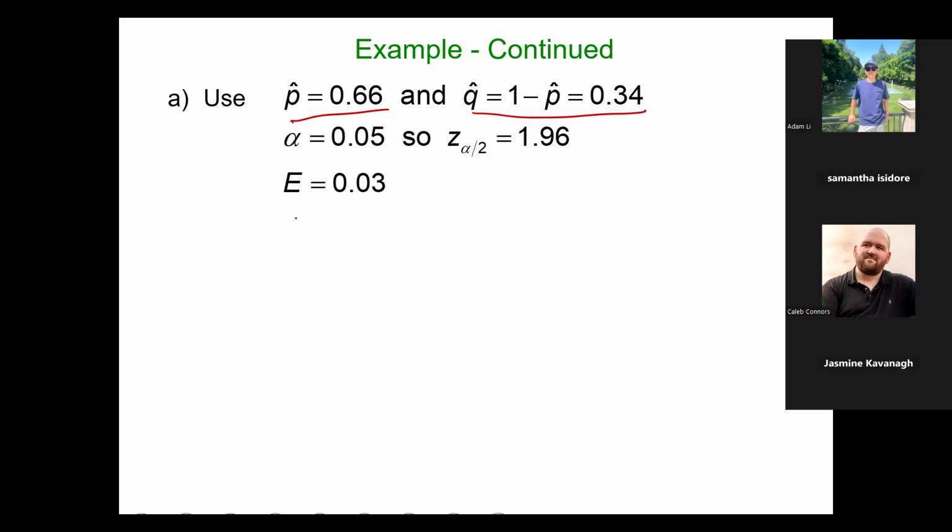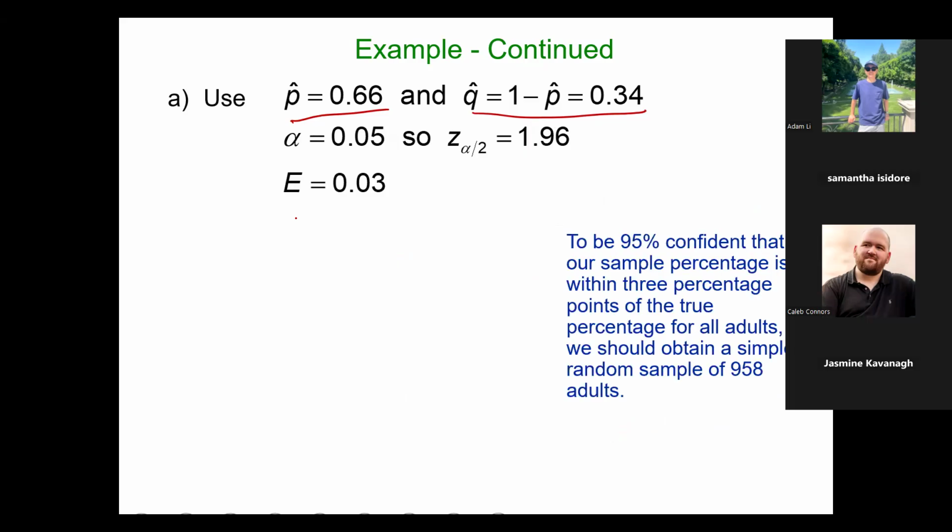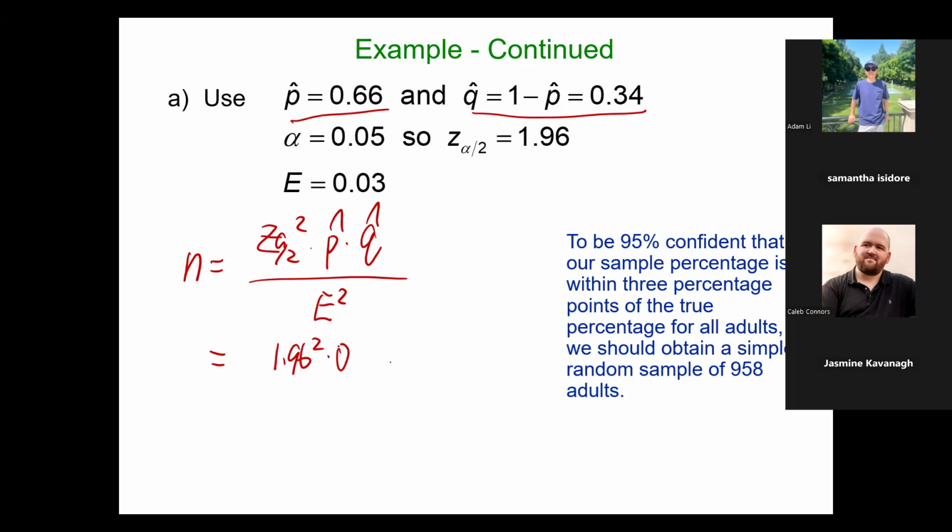So we are using the critical z-score squared times P hat times Q hat over the margin of error squared. So this is going to be 1.96 squared times 0.66 times 0.34 over the margin of error squared, 0.03 squared.